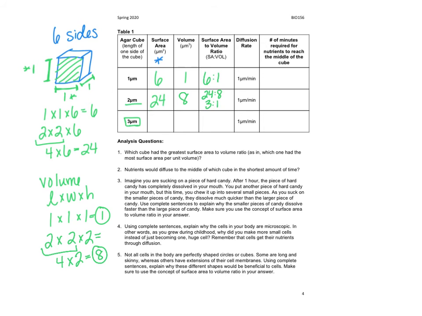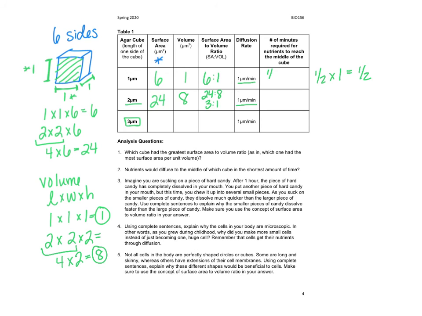Now if we look at this diffusion rate of 1 micrometer per minute, we could calculate the number of minutes required for nutrients to reach the middle of the cube. And we can do that by taking 1/2 times the length of one side. So for our first one, it would be 1/2 times 1 micrometer, which would give us 1/2.